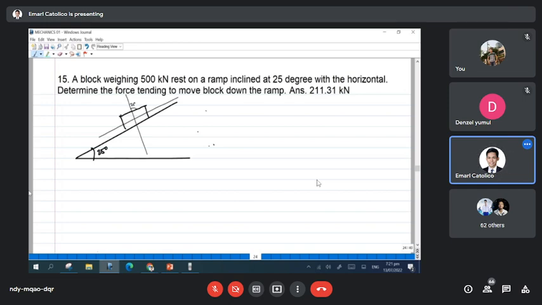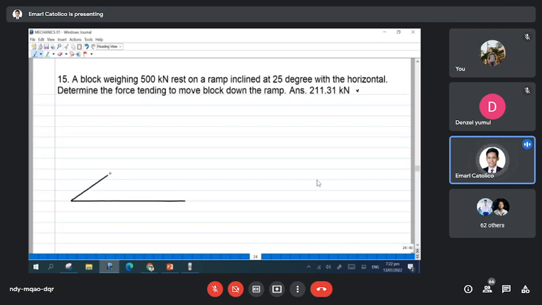Lakihan ko lang yung diagram. Hindi magkasya. Okay. So ito yung 25 degree. Okay.